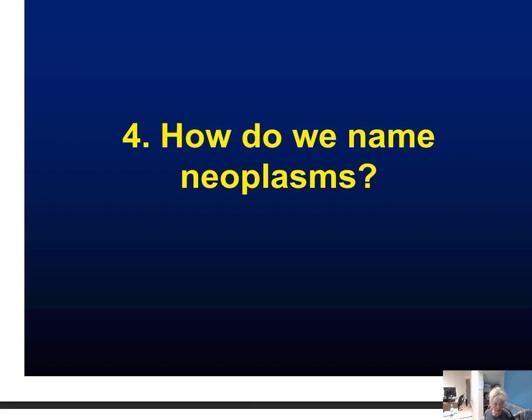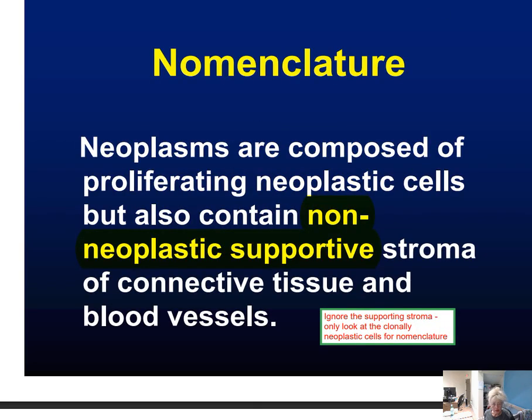Okay, let's continue laying that foundation. So nomenclature: neoplasms are composed of proliferating neoplastic cells, but also contain non-neoplastic supportive stroma of connective tissue and blood vessels. Ignore the supporting stroma, only look at the clonality of the neoplastic cells for nomenclature.